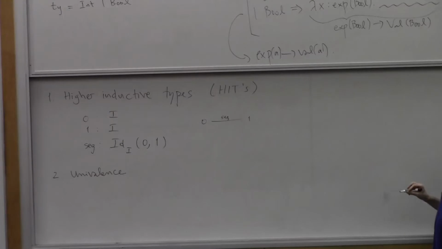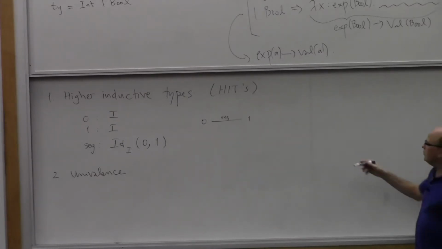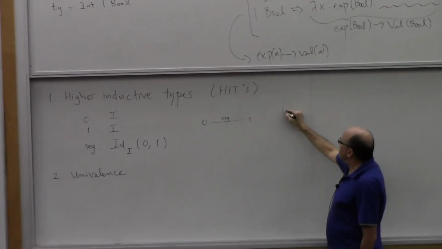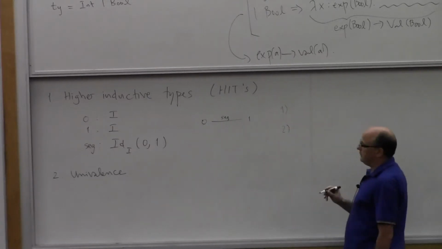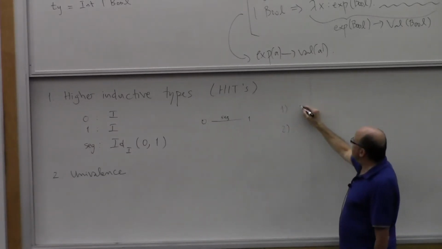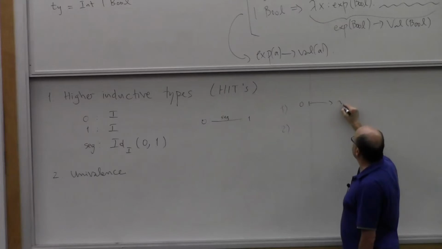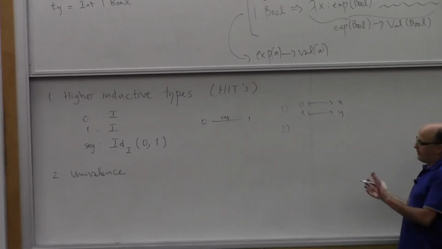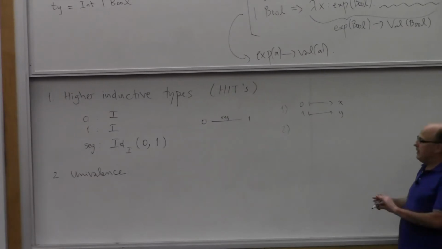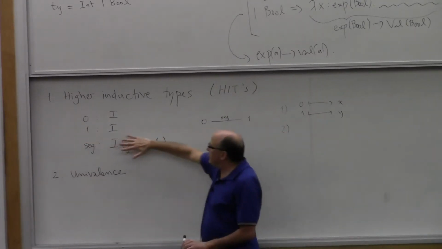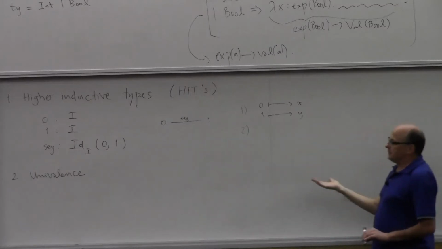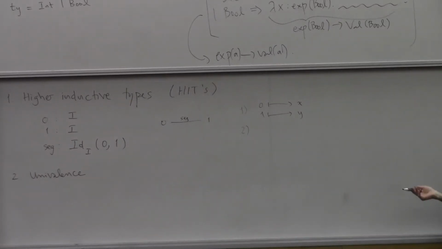What can you do with a higher inductive type? Well, what you can do is the elim form is two-dimensional, because what it does is it tells you on 0 you send that to some x, 1 you send to some y, right? Because like an ordinary inductive definition, if I didn't have this, that would be an inductive definition of the type with two elements, 0 and 1, so basically the Booleans.